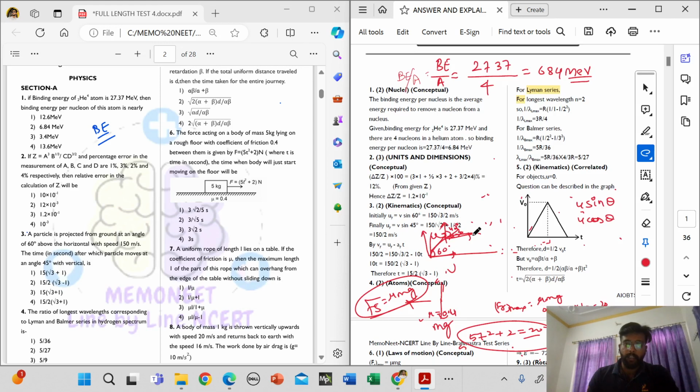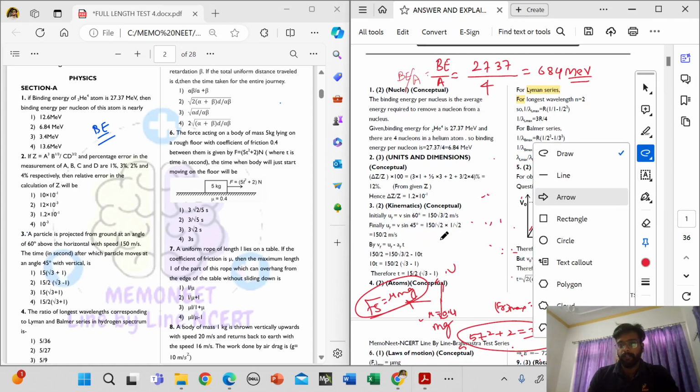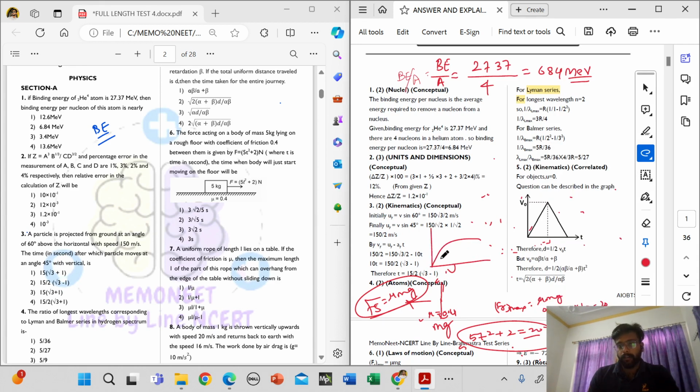angle with the vertical. So if it is 45 degree with the vertical, then at the same time it will be a 45 degree angle with the horizontal also.